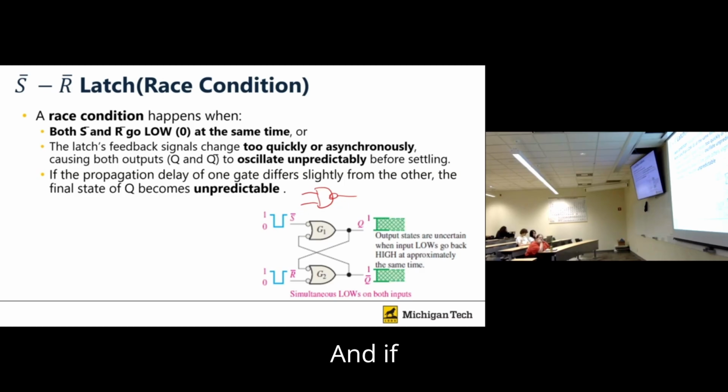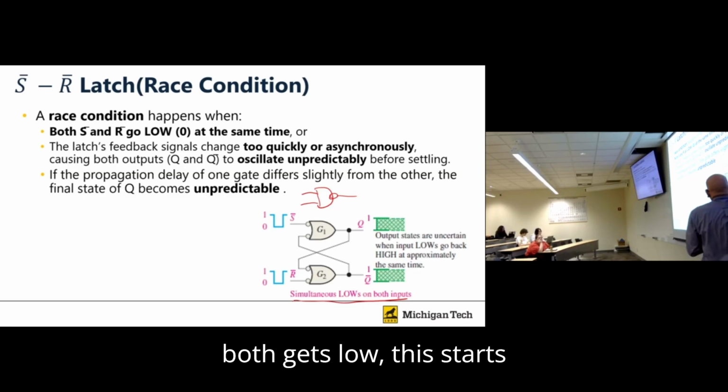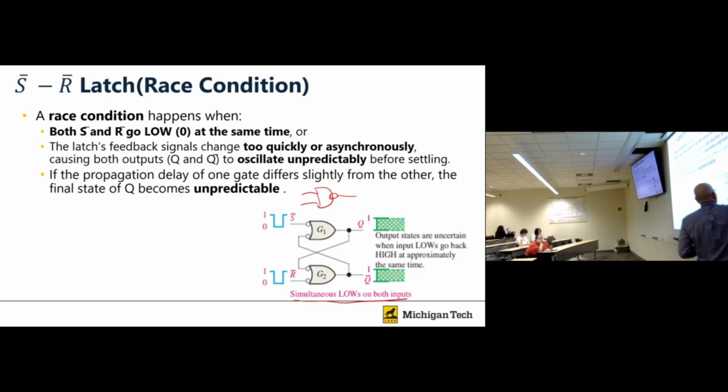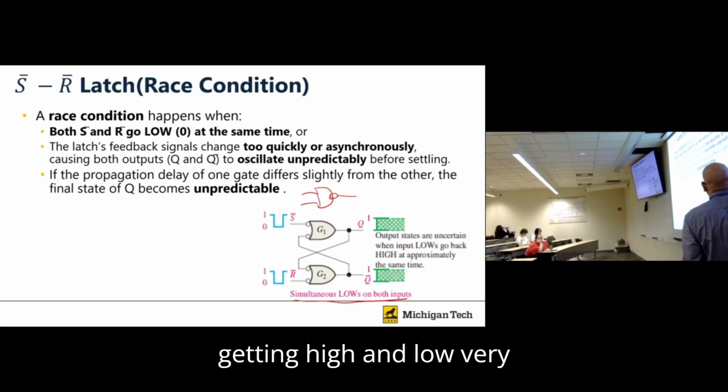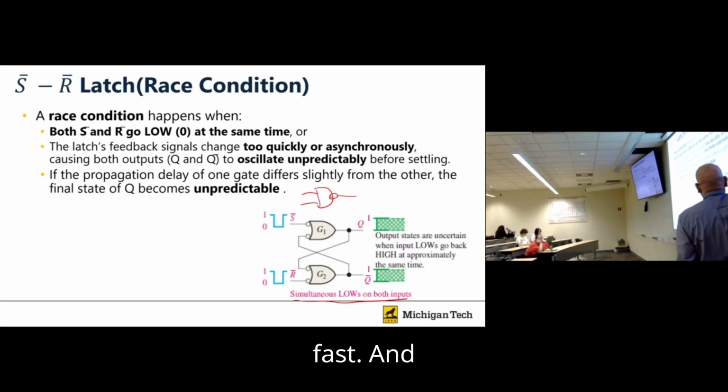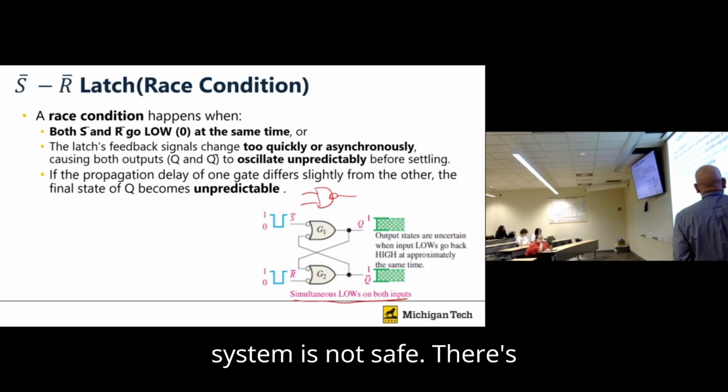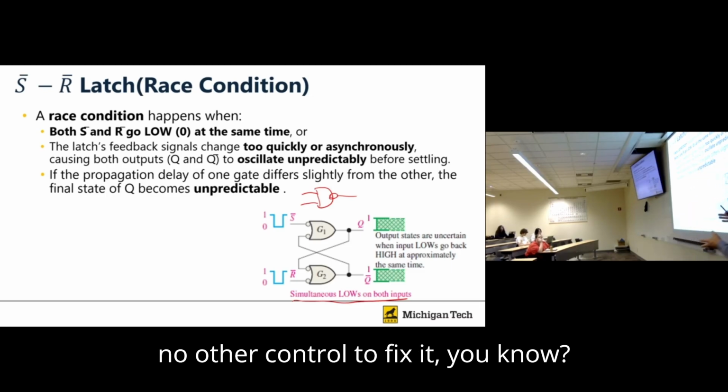And if simultaneously both get low, this happens. Both get low, and this starts getting high and low very fast, and the system is not safe. There is no other control to fix it, you know.